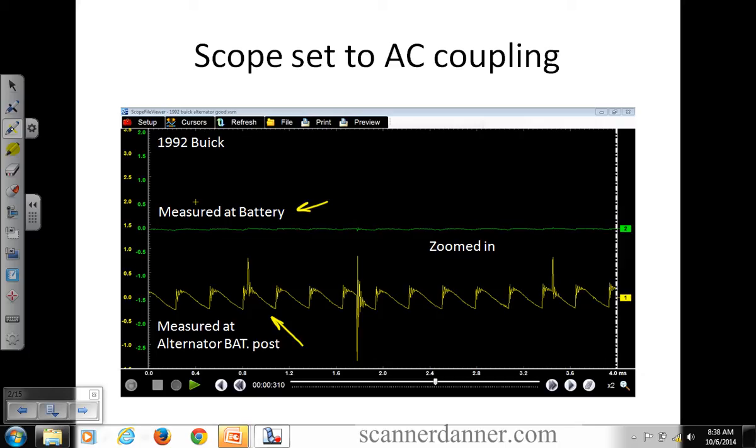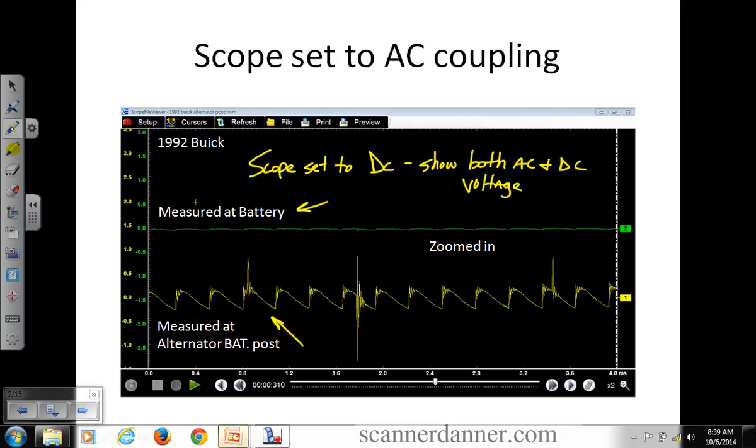But take this note. A scope set to DC volts will show both AC and DC voltage. I get that a lot. Is how to see an AC sine wave, do I need to set my scope to AC?